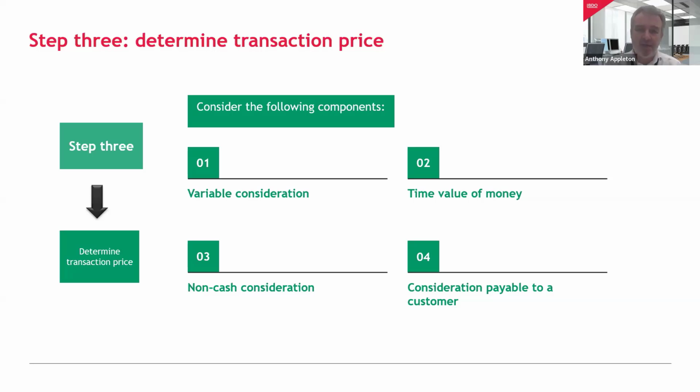And the other one then, non-cash consideration, where unusually you receive something other than cash for a revenue transaction. In those cases, the first step is to fair value the asset you've received. But if you can't reliably estimate the fair value of the asset received, you then fall back on what you would otherwise sell this good or service for.